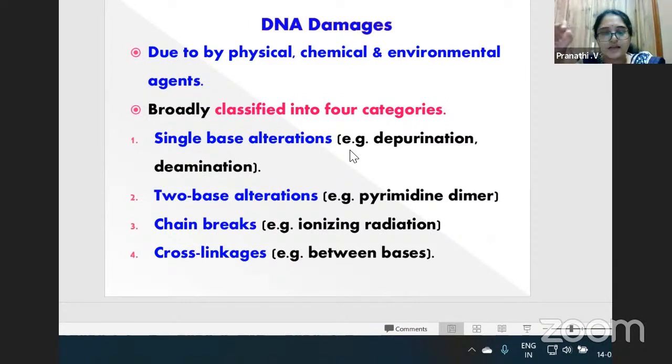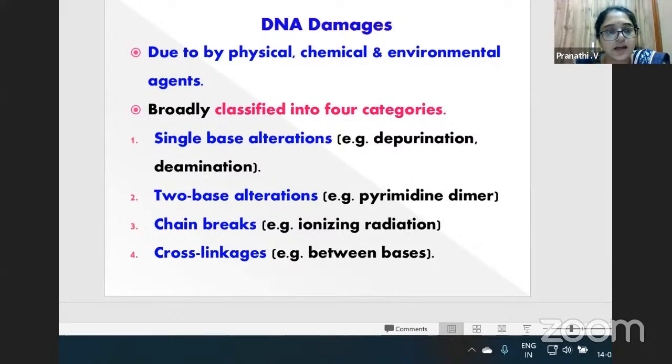This is done in a specific order, with a start and a stop. If any mutation takes place, it will take place in the genetic sequence. The different types of mutations are single base, two base, chain breaks, and cross linkage damages.